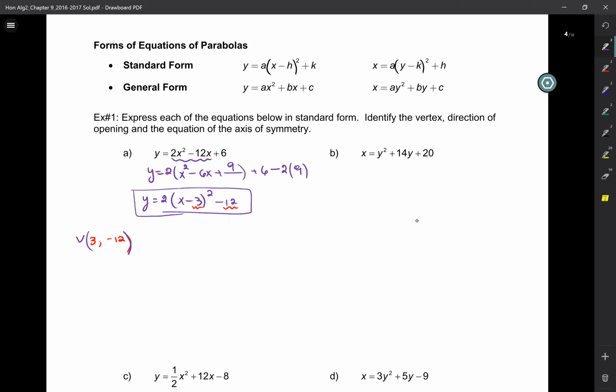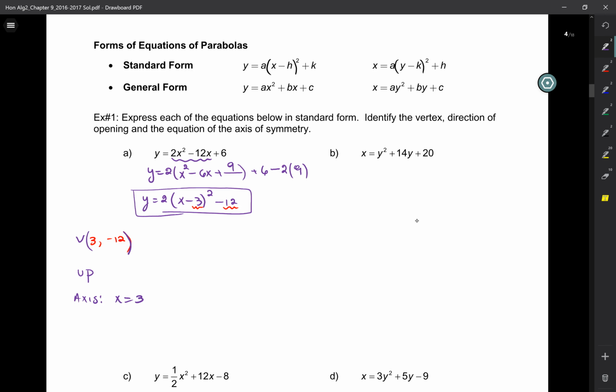So it opens up, and the axis of symmetry is vertical, so it's going to be x equals 3.